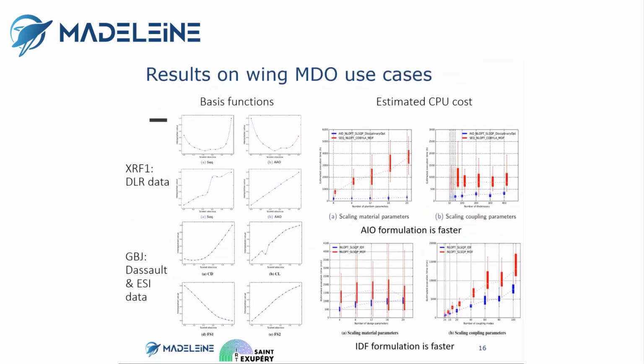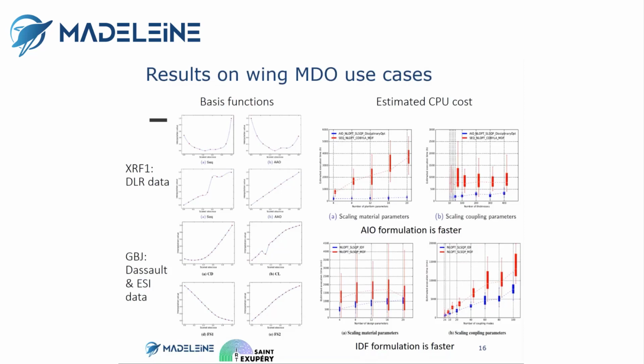And we applied that to two test cases. One is provided by DLR on the XRF1. DLR provided us data for the basis functions, the DOEs, and also the different kinds of MDO formulations that they wanted to compare.